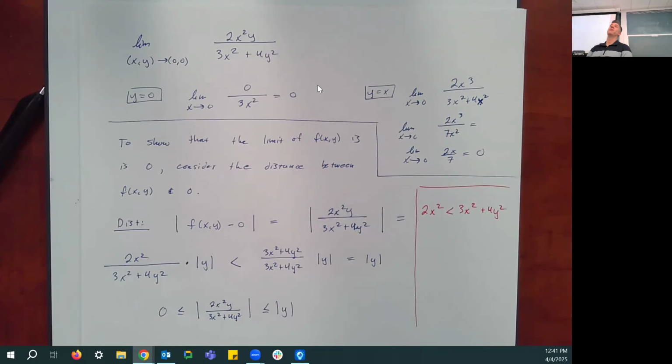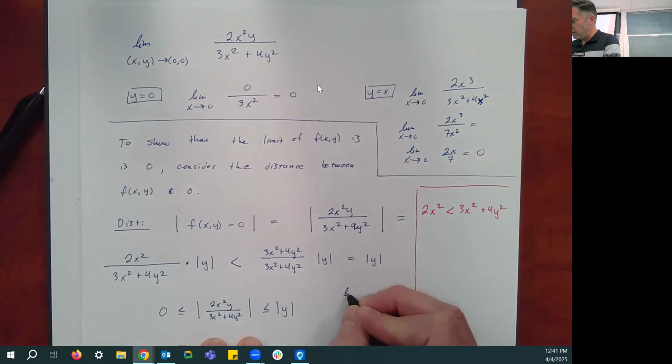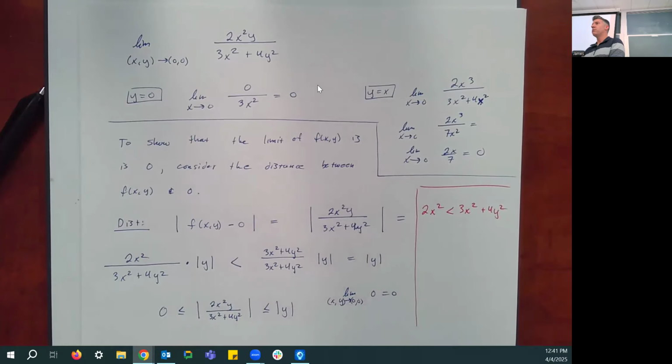We're going to use the squeeze theorem. Right? If you have something in between two other things, if you take the limit of those things and they both have the same value, then the middle thing also gets squeezed to that value. So notably, the limit as (x, y) approaches (0, 0), apologies, of 0 is certainly equal to 0.